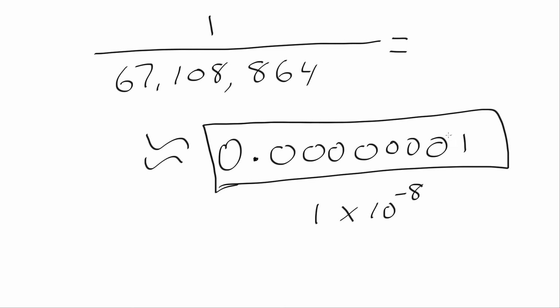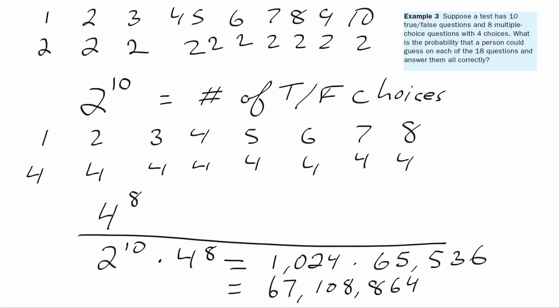Sorry, let me go back. If I wanted to write the number of possible ways here in scientific notation, that's going to be 6.7108864 times 10 to the, and it's how many decimal places did I have to move to get it from where it begins to here? 1, 2, 3, 4, 5, 6, 7.